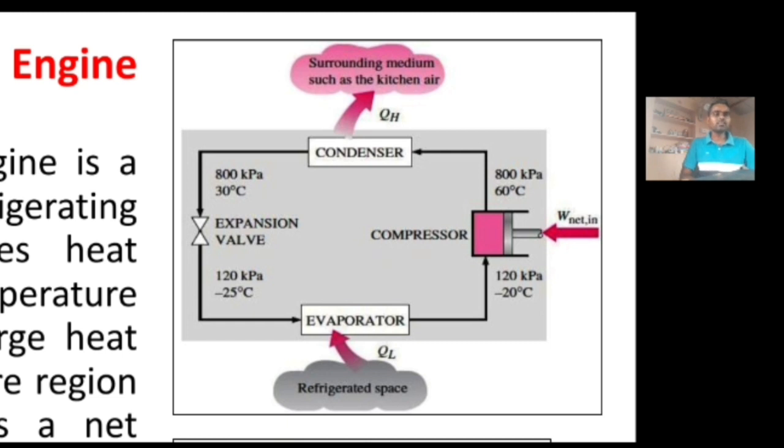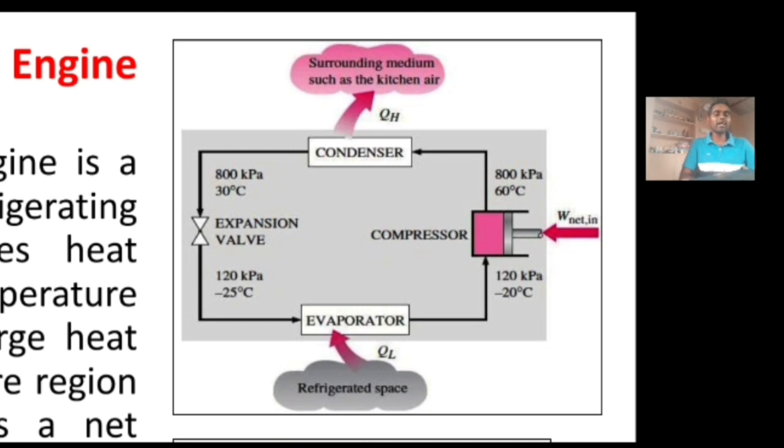Then it is sent to the compressor, where compression takes place. As we all know, during compression the pressure and temperature both increase. This high temperature high pressure vapor goes into the condenser, which itself is our sink. So obviously, when I say sink, heat will be thrown into the sink.